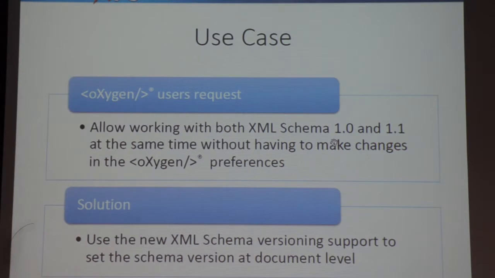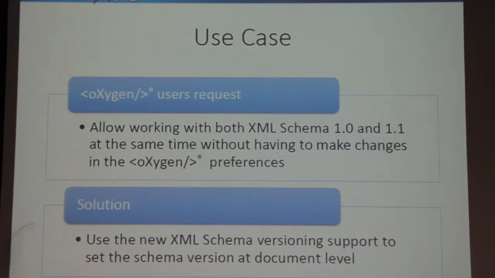As you may already know, oXygen has offered XML Schema 1.1 support for quite a while, but until the 15.2 release, you could have only one XML schema profile active at a certain time, so you could not work with XML Schema 1.0 and then switch very fast to the XML 1.1 profile.